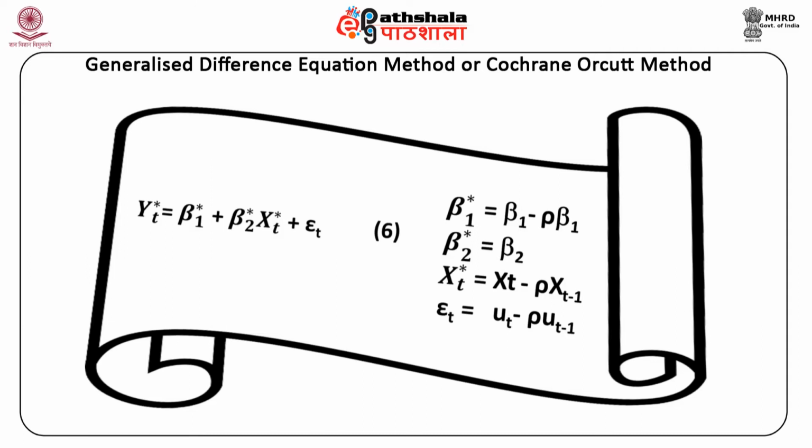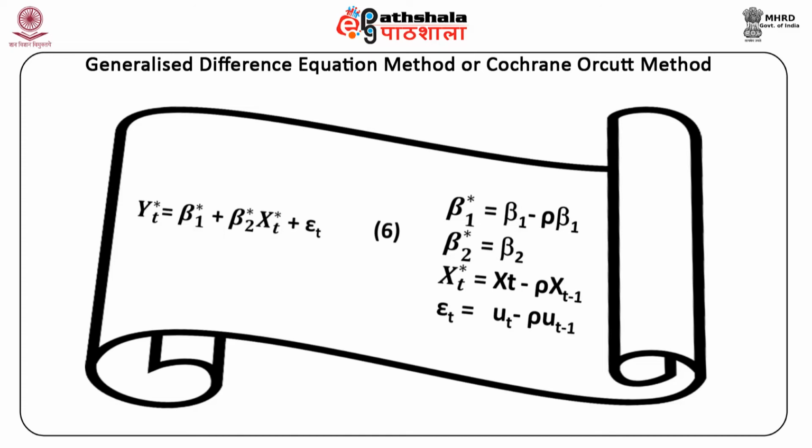In this equation 6, we can observe that yt star is equal to yt minus rho yt minus 1, beta 1 star is equal to beta 1 minus rho beta 1, beta 2 star is equal to beta 2, xt star is equal to xt minus rho xt minus 1, and epsilon t is equal to ut minus rho ut minus 1.